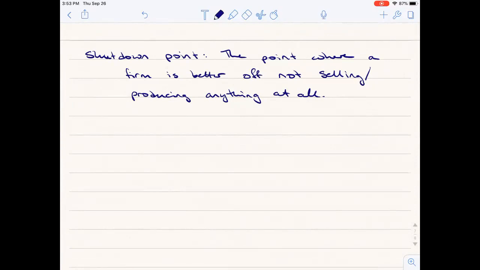So the shutdown point is when we're not able to cover our variable costs, right? The variable cost, remember, is the cost associated with producing each unit. So let's say it costs you $5 to print a book, right?